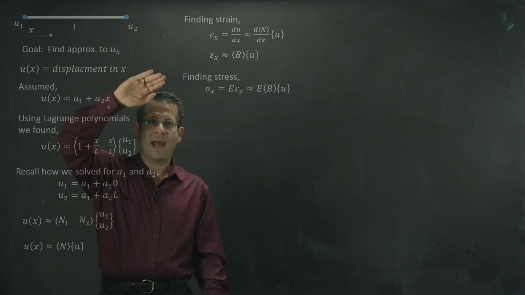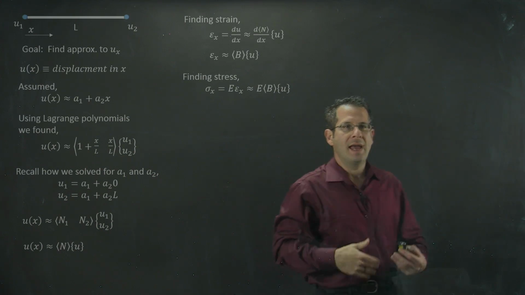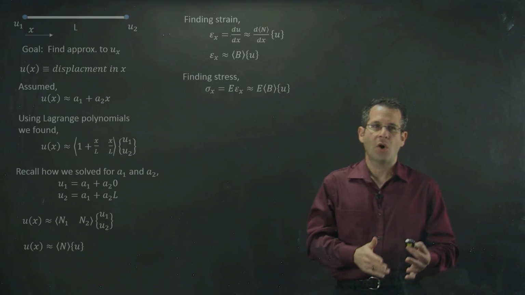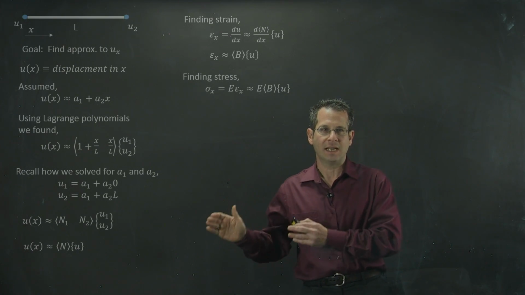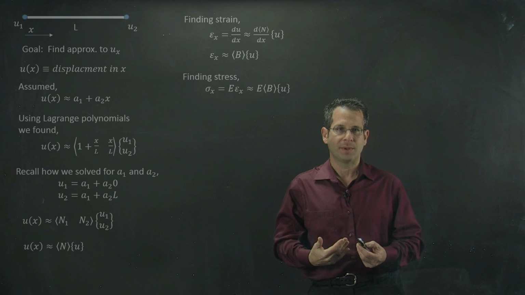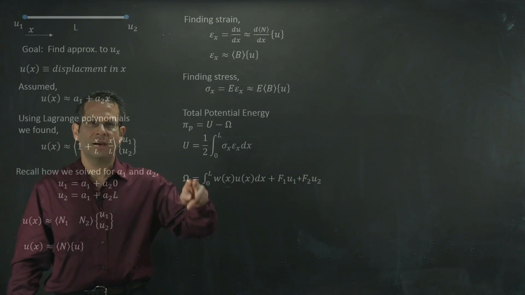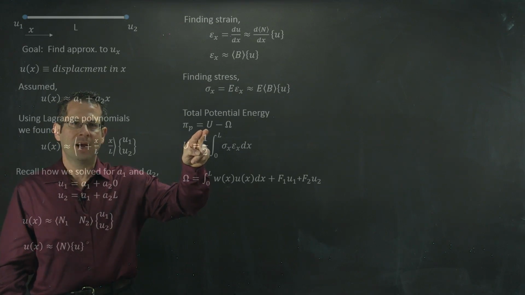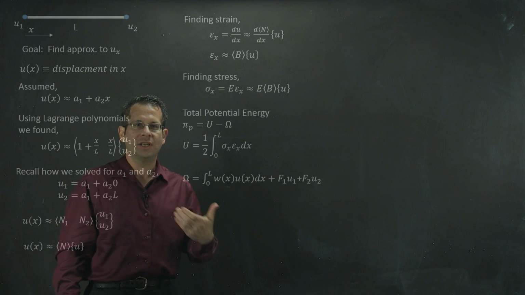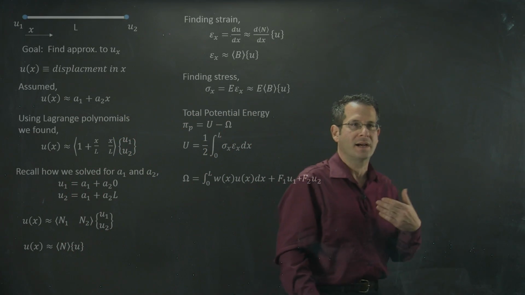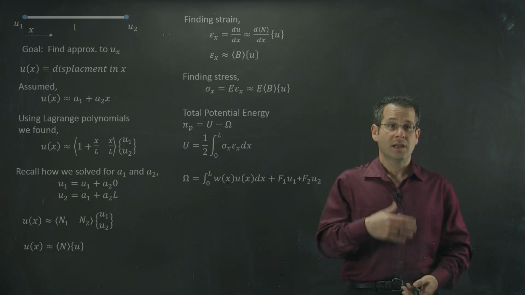Okay, now that I have stress and strain, I'm ready to start developing an equation for the total potential energy stored in my system, in this case, my system being just an individual bar with some forces applied to it. My total potential energy consists of the strain energy inside my bar, and I'm going to subtract off all of the lost energy due to external forces that are acting on my body, but those forces are being used to create the strain energy.